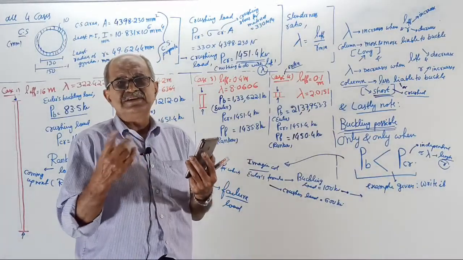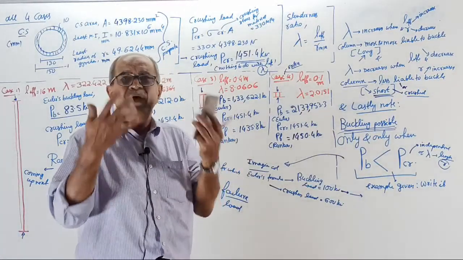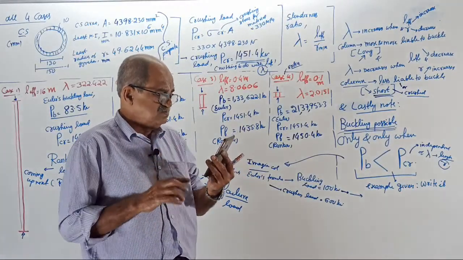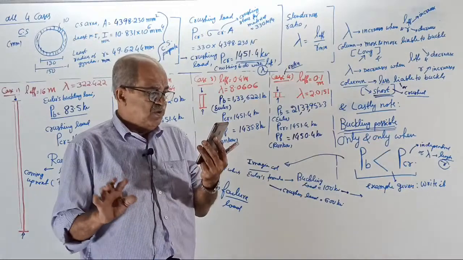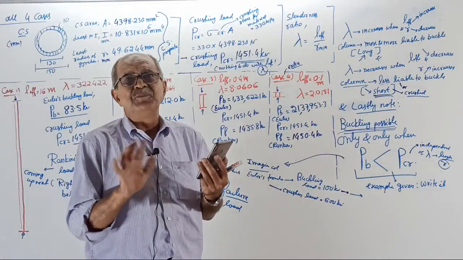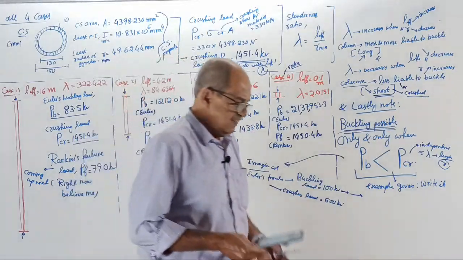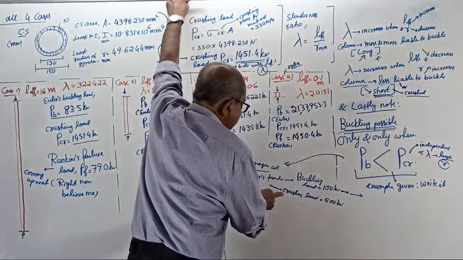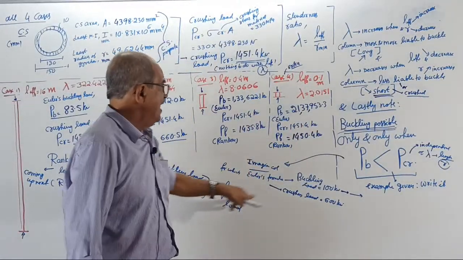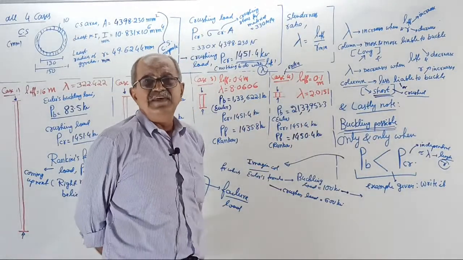Buckling load or crushing load, both of them are failure load. Whatever name you give, it is ultimately failure. Nobody wants a column to buckle and crush. Therefore, for this column, suppose you tell failure load is 100 kilonewton. Is it justified?